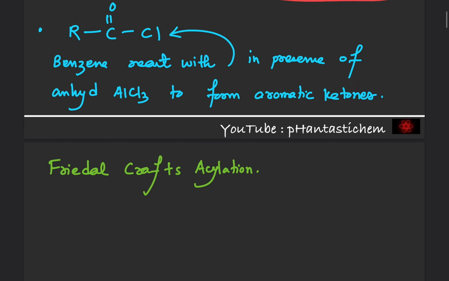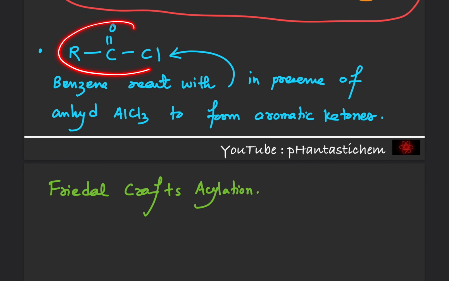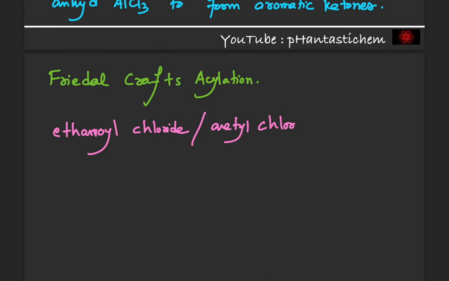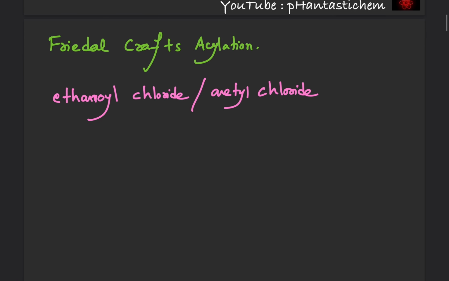In our case, the acid chloride given to us is ethanoyl chloride, also known as acetyl chloride, and its structure is CH3 C double bond O Cl.